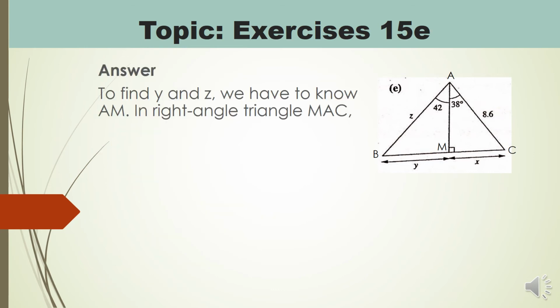Let's continue to find the other variables y and z. Y and z belong to the right angle triangle MAB. We know this angle is 42, but we don't know y and we don't know z, so we cannot find them yet.